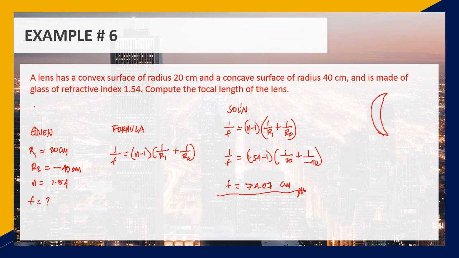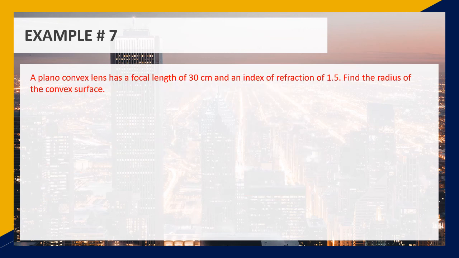Okay? So another example. A plano convex lens has a focal length of 30 centimeters and an index of refraction of 1.5. Find the radius of the convex surface. Okay? So una nato buhaton isilista natong given. Since ang gihatag kay plano convex, unsay porma sa atong lens karon?